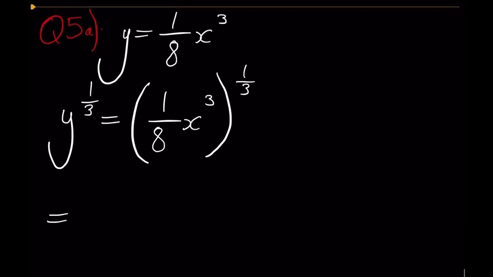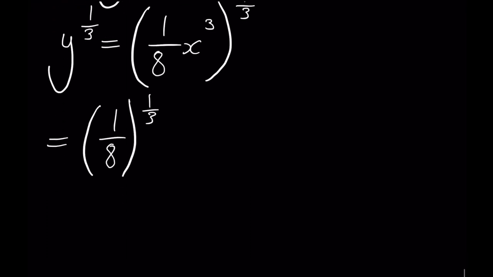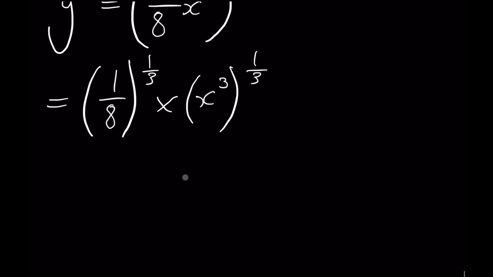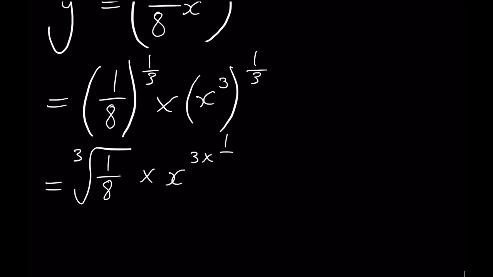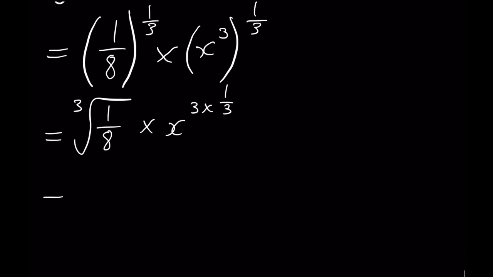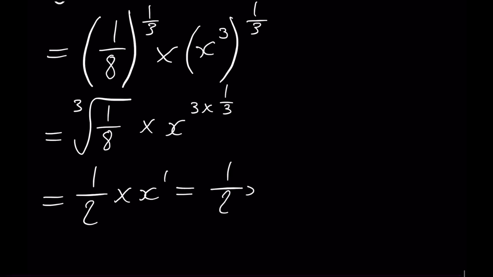And that simplifies to 1/8 all raised to the power 1/3 times x cubed all raised to the power 1/3. And then this can be rewritten using the laws of indices as the cube root of 1/8 times x raised to the power 3 times 1/3. And that equals 1/2 times x raised to the power 1, or just half x.